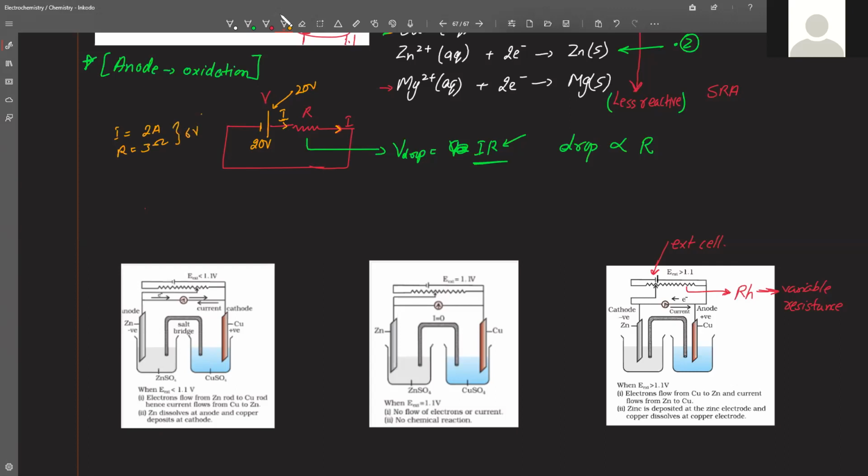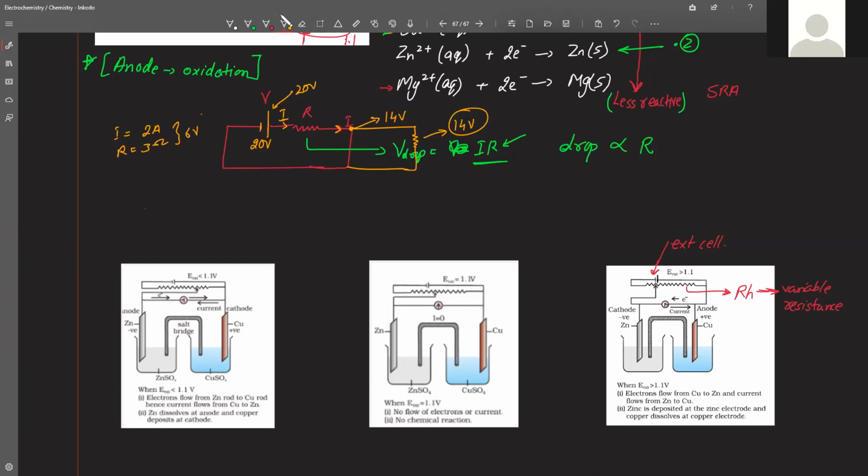That means once the current reaches here, the potential will be 20 minus 6, that is 14 volts. Now if these two ends are connected to some other device, then this device receives 14 volts of input, not 20 volts.